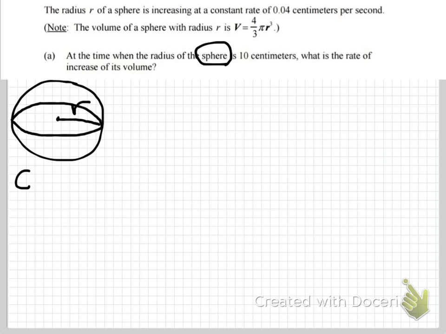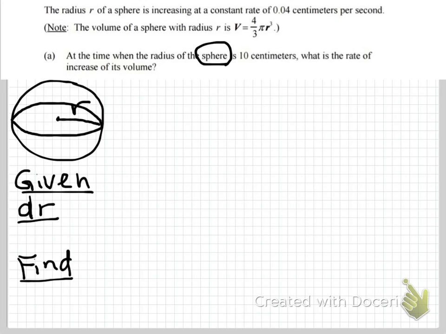Let's do the given and the find. Given: I'm given that dr over dt equals 0.04. Sorry, that looks like a negative. Centimeters per second.